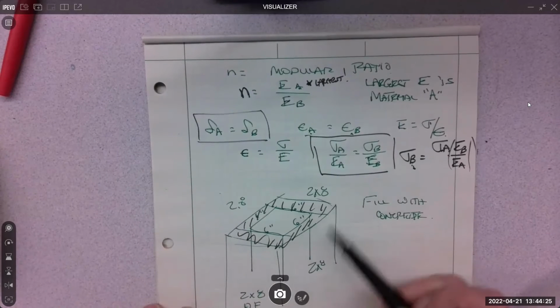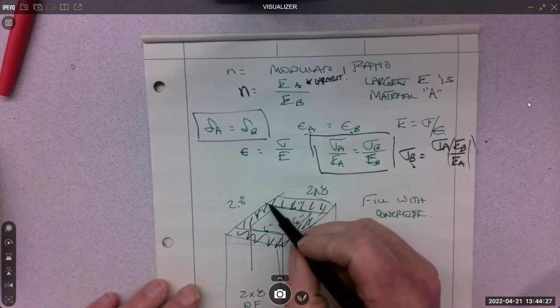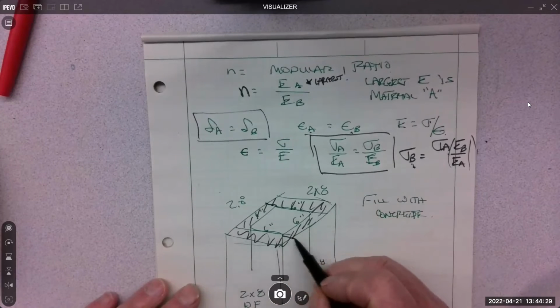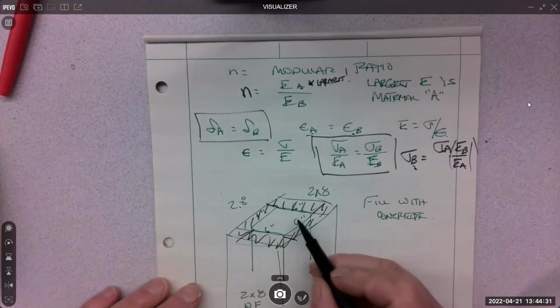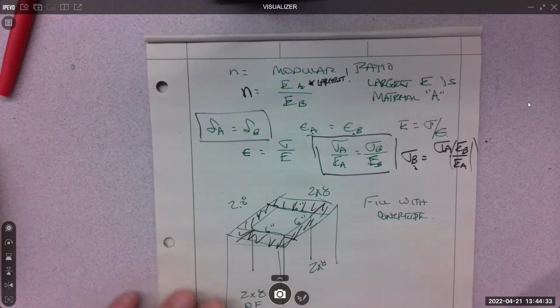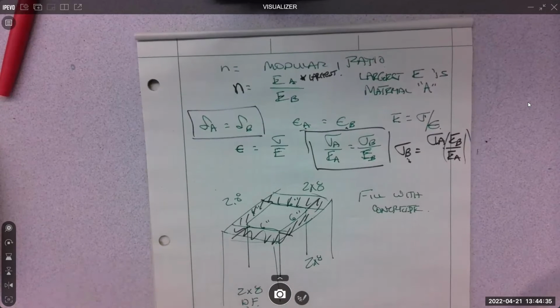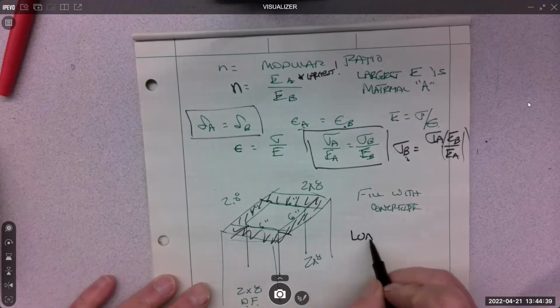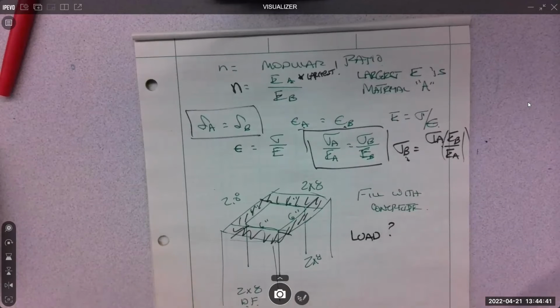I made it from 2x8s and just lapped them, and that gives me a 6x6 in the middle for concrete. If I wanted to know the load, how much load will that carry? That would be a multiple material problem because the whole thing is going to act together.